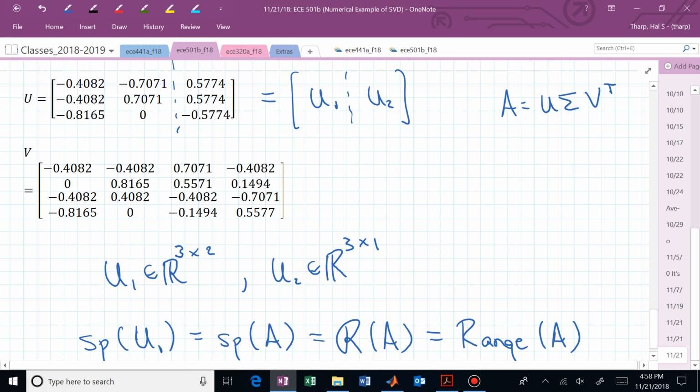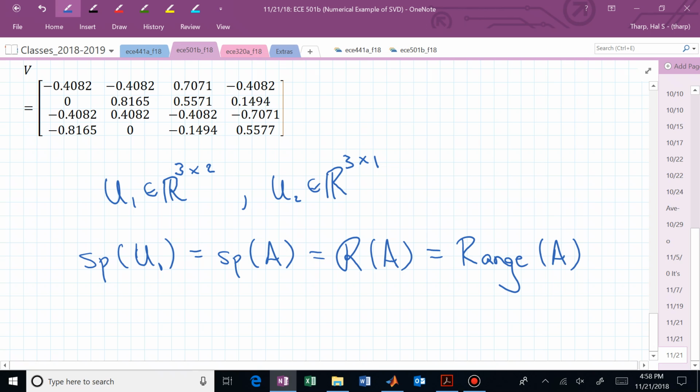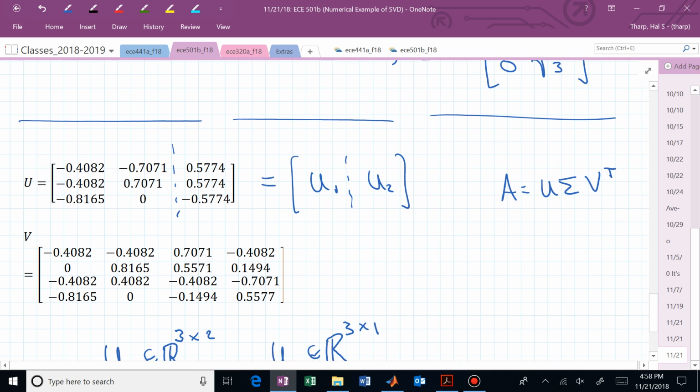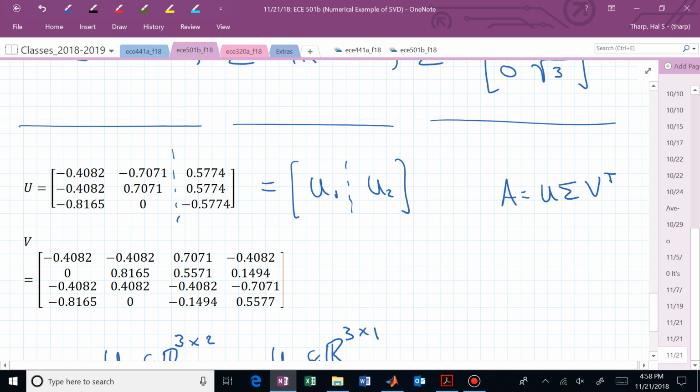We can now say that the span of U sub 2 spans the orthogonal complement of the range of A. Since the space is 3-dimensional in this example, and we only have a 2-dimensional range of A, the orthogonal complement is going to be spanned by the columns in U sub 2.